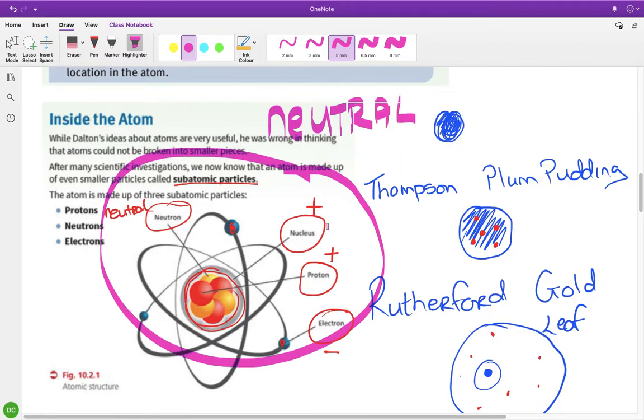What that means is the number of positive charges, your protons, and the number of negative charges, your electrons, have to be the same so they cancel each other out. So if you have an atom with 6 protons, you know that atom needs to have 6 electrons so that overall the pluses and the minuses cancel each other out and the atom is neutral.